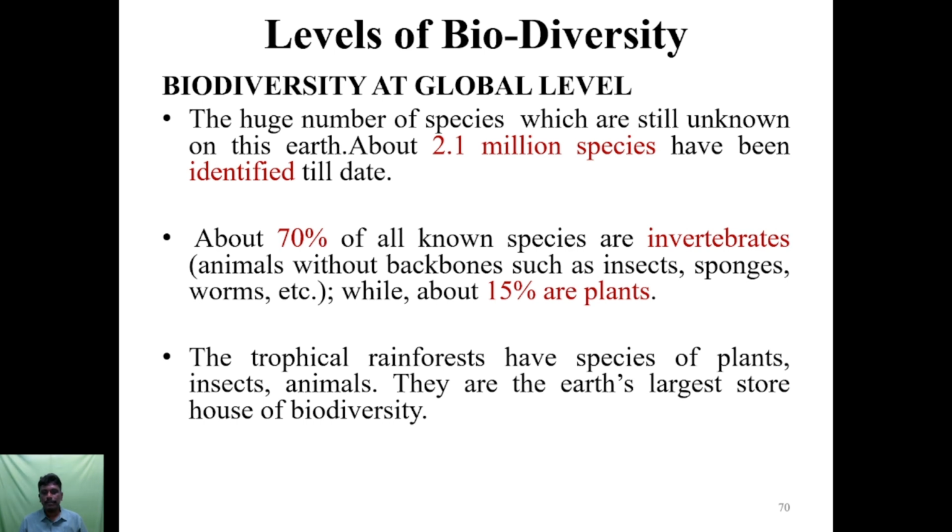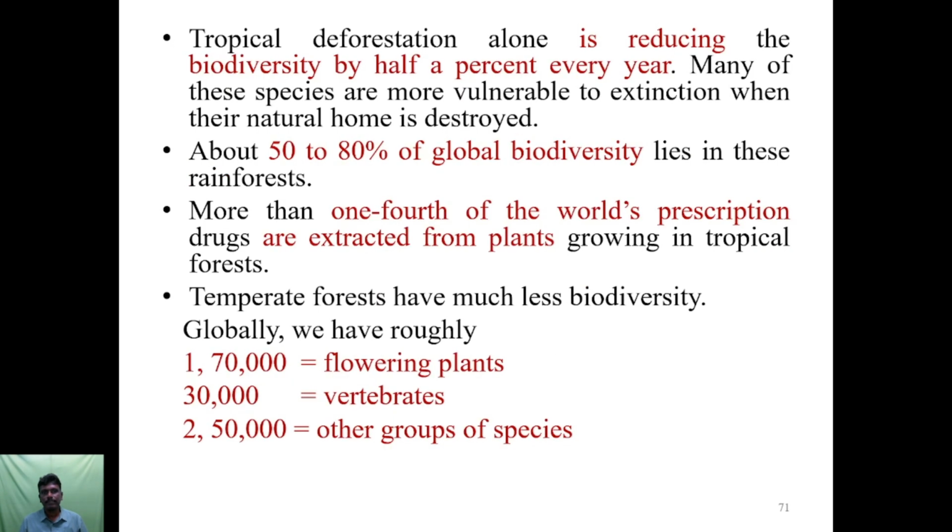The tropical rainforests have species of plants, insects, animals. They are the Earth's largest storehouse of biodiversity. Tropical deforestation alone is reducing the biodiversity by 0.5% every year.